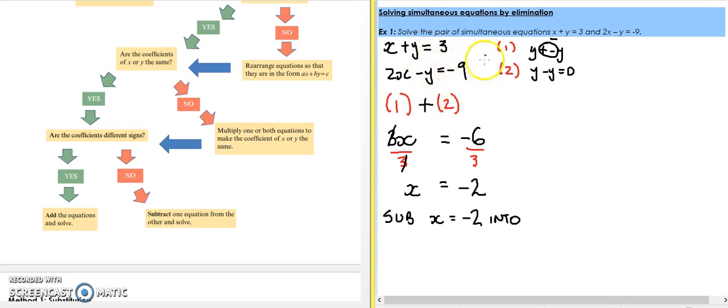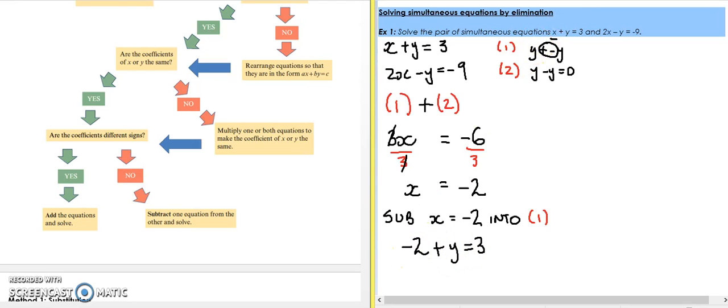We can choose equation 1 or 2, but equation 1 has no coefficients in front of the variables itself. It looks like an easier one to substitute into. So we're just going to substitute that into equation 1. Anywhere I see the letter x, I'm going to substitute it with the negative 2. So in this case, it's negative 2 plus y is equal to 3.